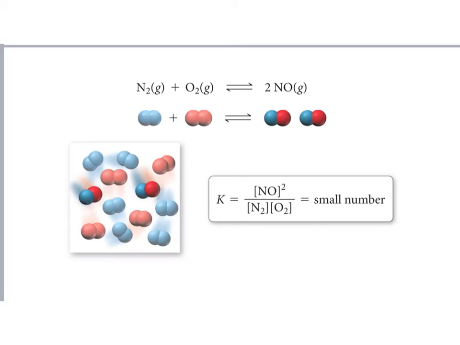So here's the case of the small number, right? And so in this box you see there are very few of these products. And so again, this is a small number in terms of the number of products, and a large number relatively in terms of reactants. And then K becomes small.